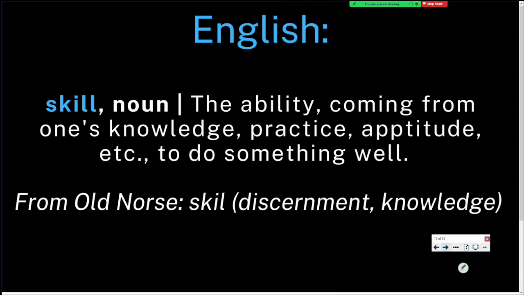And that ability comes from our knowledge, our practice, our experience, our aptitude, which is sort of like something you have naturally or possibly have developed over time. So just the ability to do something well. And this one comes from the Old Norse for skill, same word, just minus one L, which means discernment or knowledge.